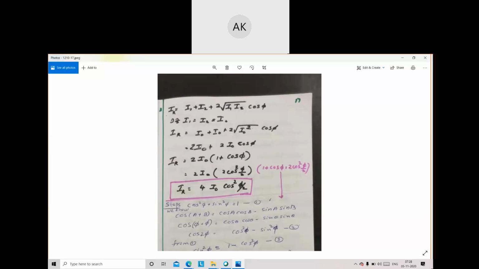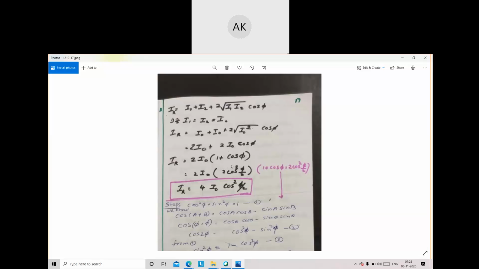Then I0 plus I0, 2I0, plus 2 into root of I0 square, which is I0, so 2I0 cos phi. In both terms there is 2I0, so you can take it outside: 2I0 into (1 plus cos phi).